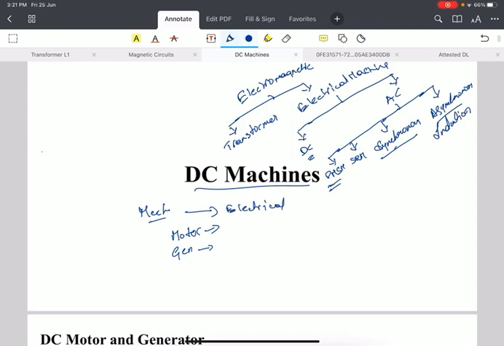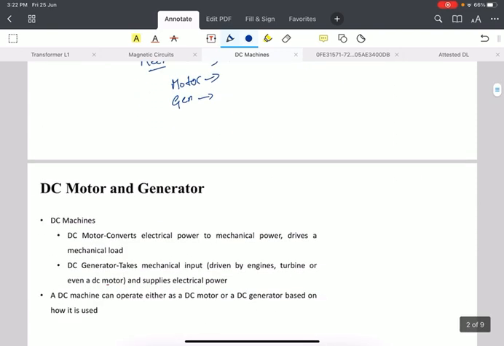As I told you, a machine can be operated as either a motor or a generator based on its input. A DC motor converts electrical power to mechanical power and drives a mechanical load. A DC generator takes mechanical input, driven by engines, by a turbine, or even by another motor, either a DC motor or an AC motor, and supplies electrical power with a generated terminal voltage.